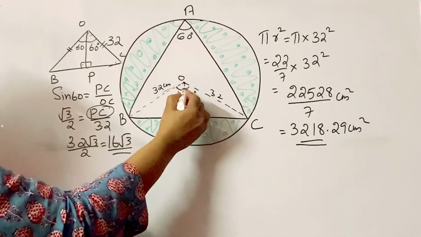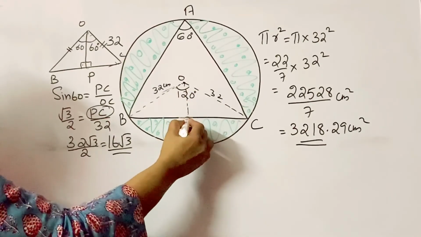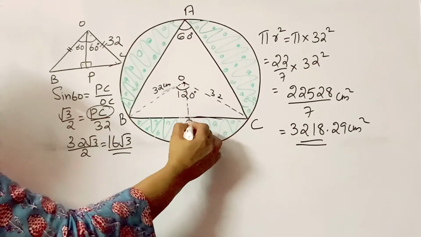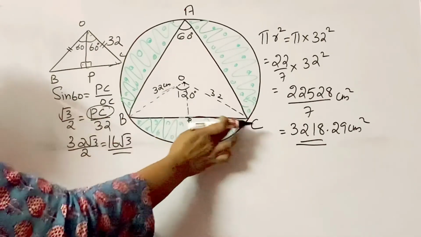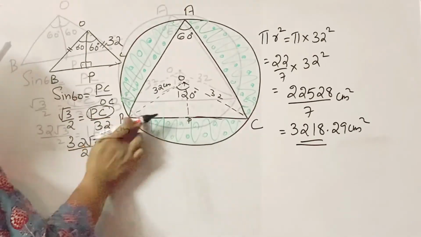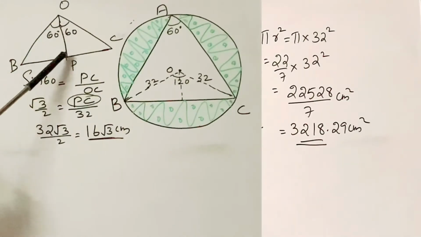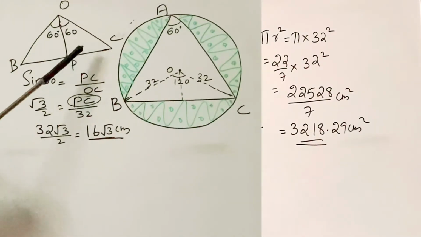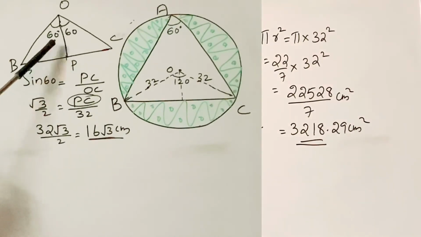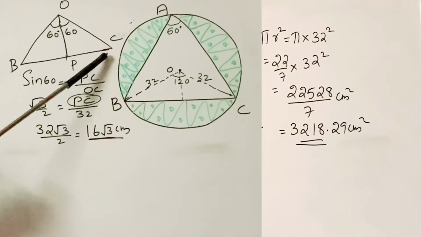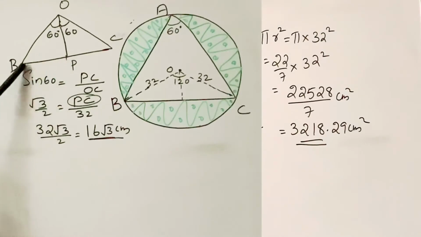Look here. This length is 16 root 3. Then what will be BC? We already proved that triangles OPB and OPC are congruent by RHS rule. Therefore, the sides PC and PB are equal by CPCT.